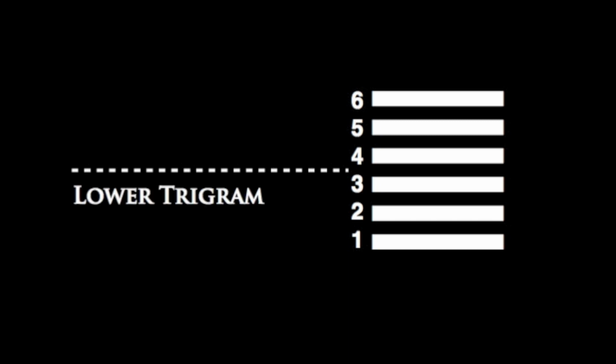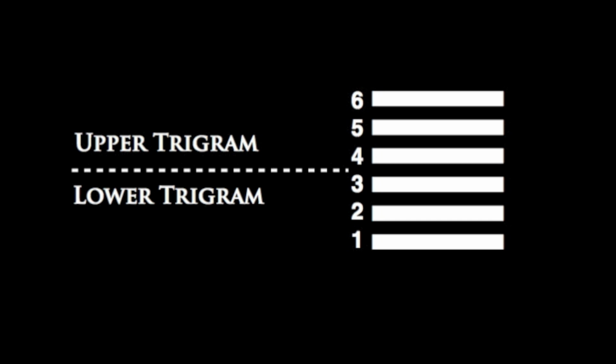So, here we have the hexagram structure. The first thing you'll notice is that there are 6 lines, but you want to understand that each hexagram is made up of not just 6 lines, it's made up of 2 trigrams. You have a lower trigram and an upper trigram.